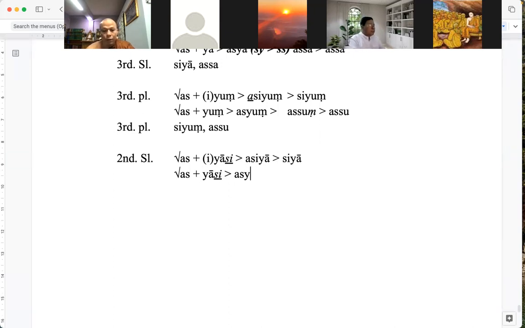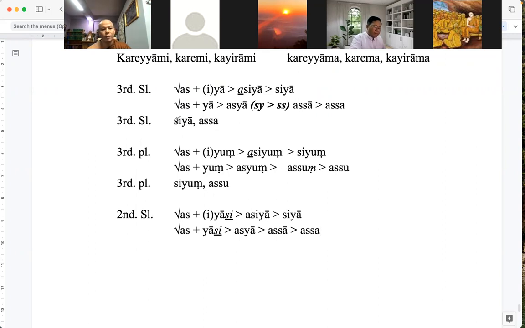So we have the asia, and then asa. The same as the third person singular, sia, asa, two forms. So that is why second person singular is the same as the third person singular, sia and the asa.